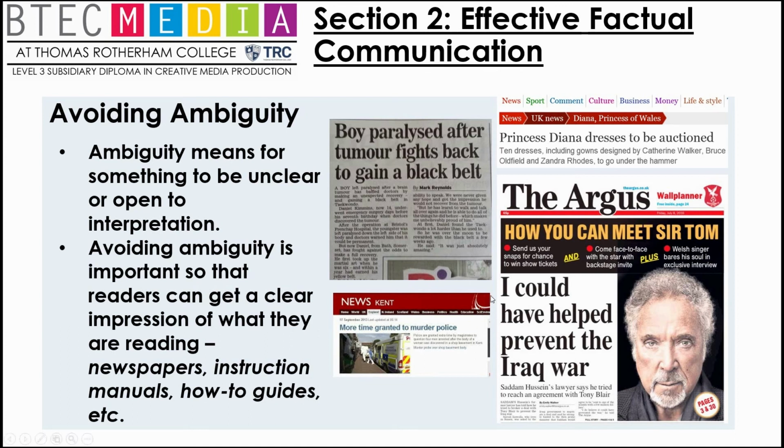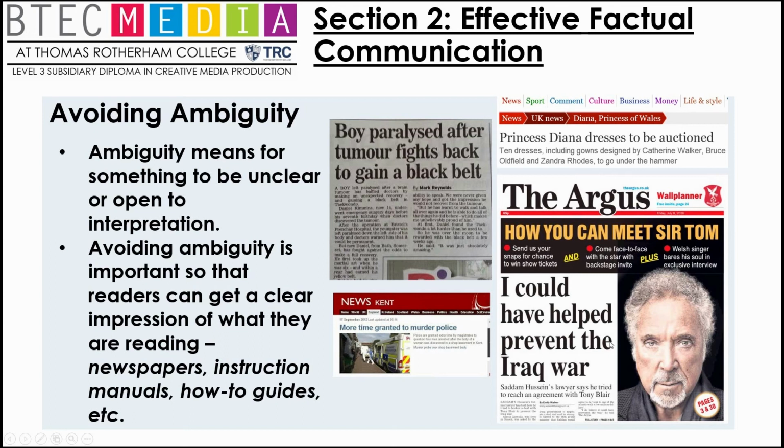Now, this one probably makes me laugh. Language-wise, absolutely fine, but the way that this newspaper has been laid out makes something more ambiguous. It also links back to anchorage in a little bit. It says, I could have helped prevent the Iraq War. Obviously the way you should be reading that is talking about Saddam Hussein's lawyer.